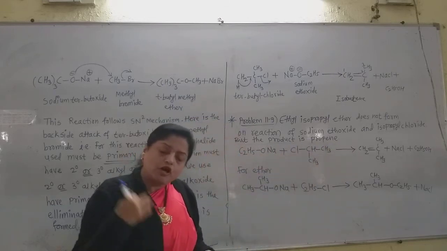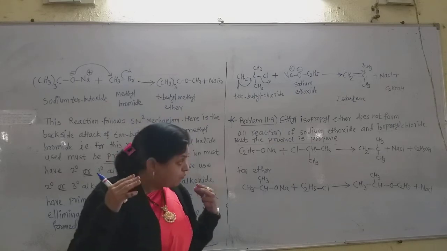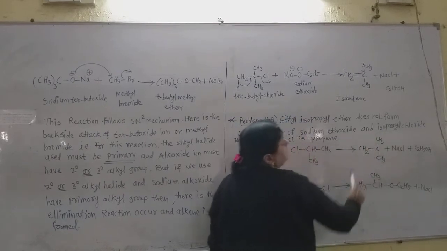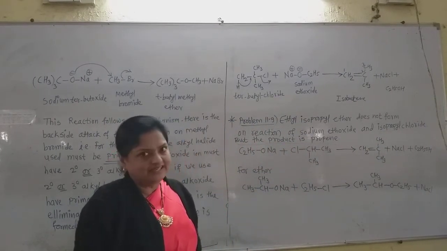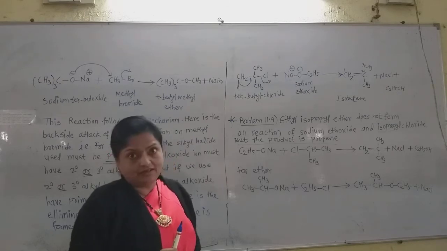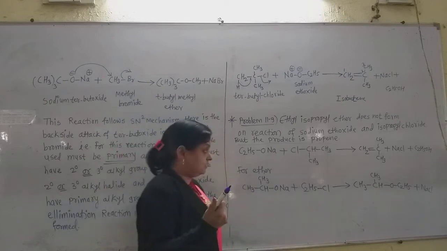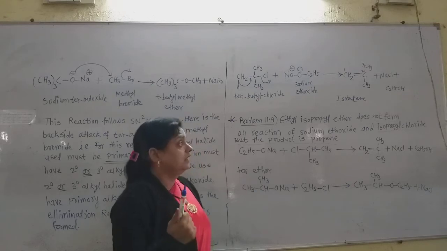They said that the product is propene. Now for the formation of ether, what is needed? For the formation of ether, there must be sodium isopropoxide, that is, the alkoxide must contain the secondary alkyl group, and the alkyl halide must be only ethyl chloride.